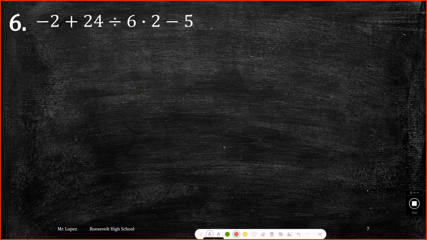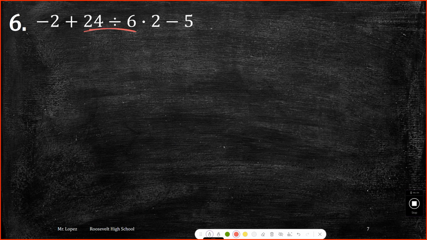Okay, one last chance. Pause the video, try it on your own. All right, here we go. I think I got this lesson now. Let me see. No parentheses, no exponents.